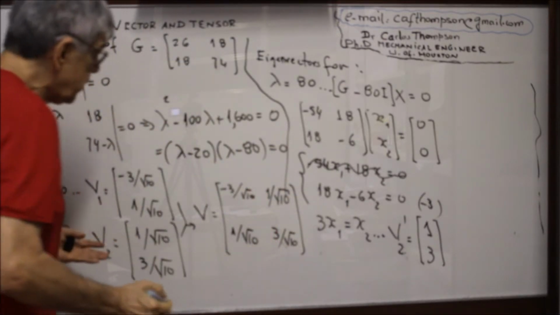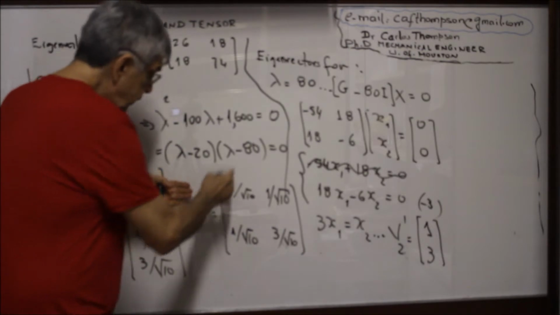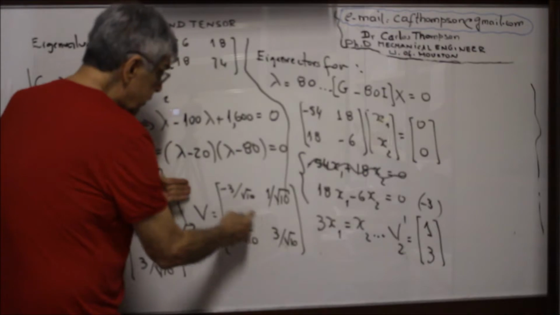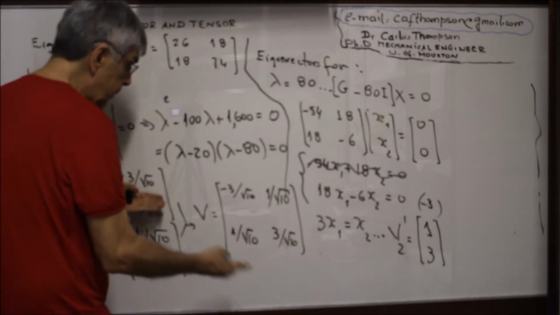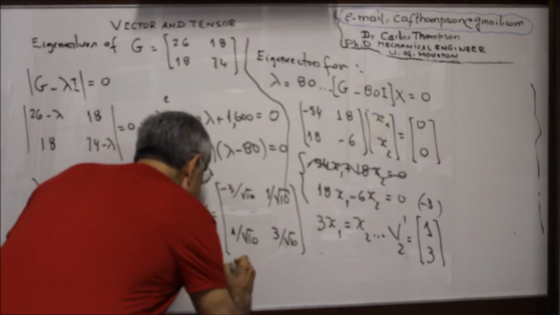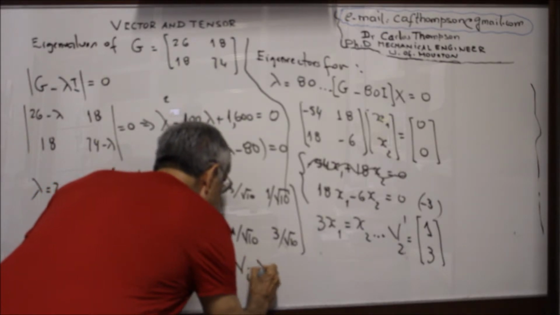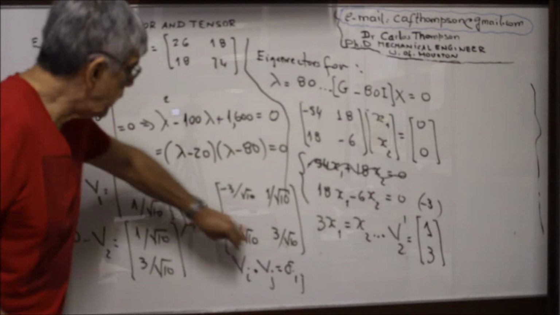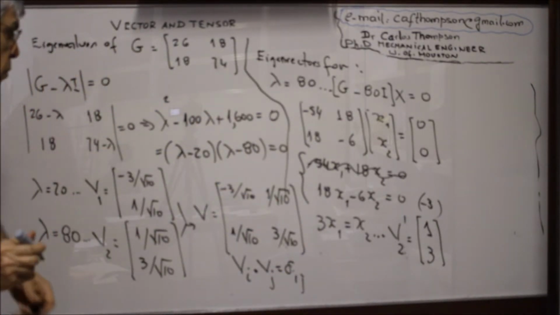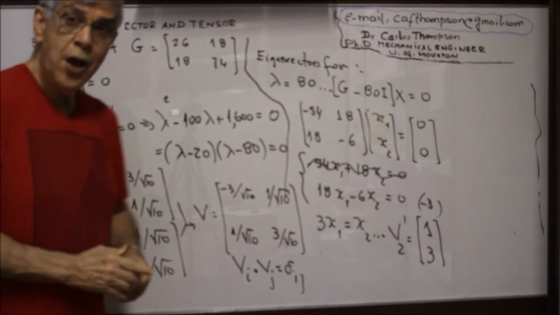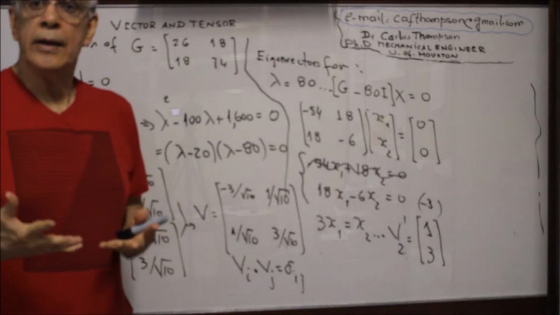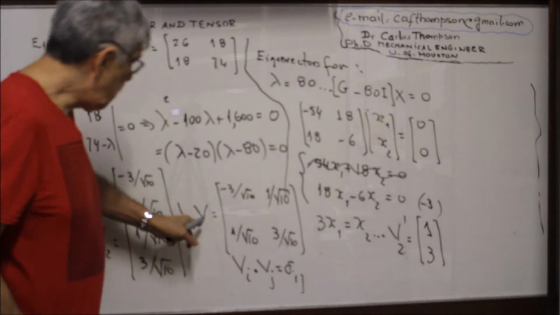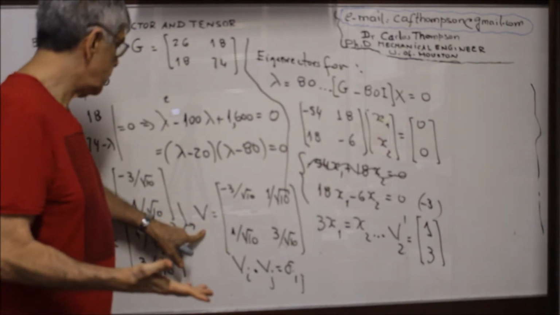We can see clearly that this is an eigenvector, this is another eigenvector. If you multiply and add, that will be 0. We can see clearly that Vi dot Vj is equal to delta ij. So this is an orthonormal matrix. This is important. Why? Because the inverse is equal to the transpose. So from here we get V transpose.